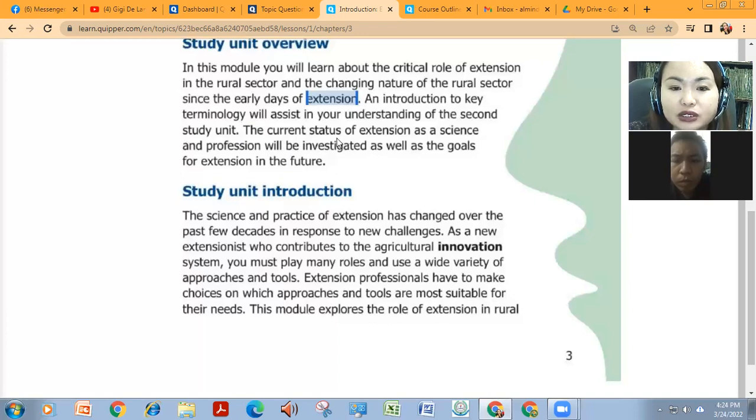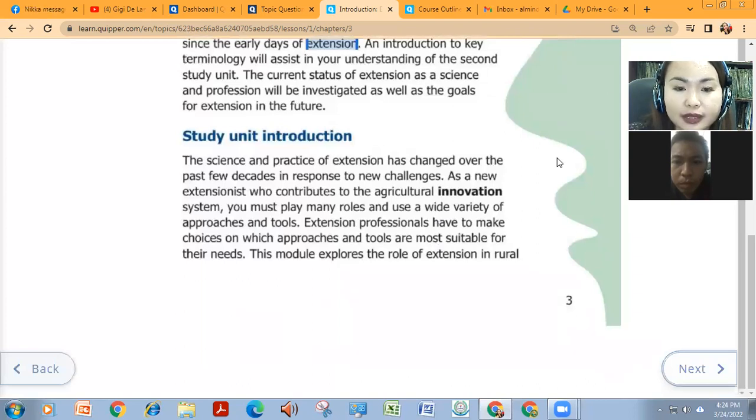And mga terminologies also na ano na to, no, as we go along the way of in the field of extension as a science and as a profession, and then the goals of extension in the future. So one important aspect of extension is innovation, no?